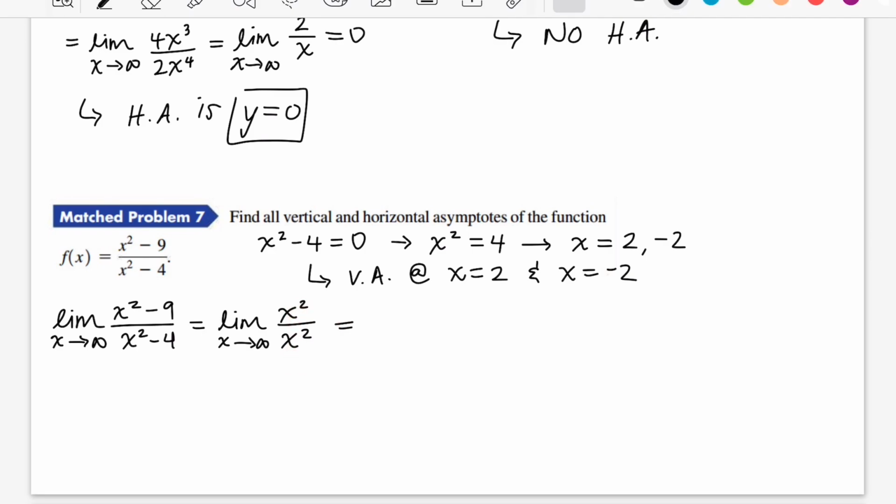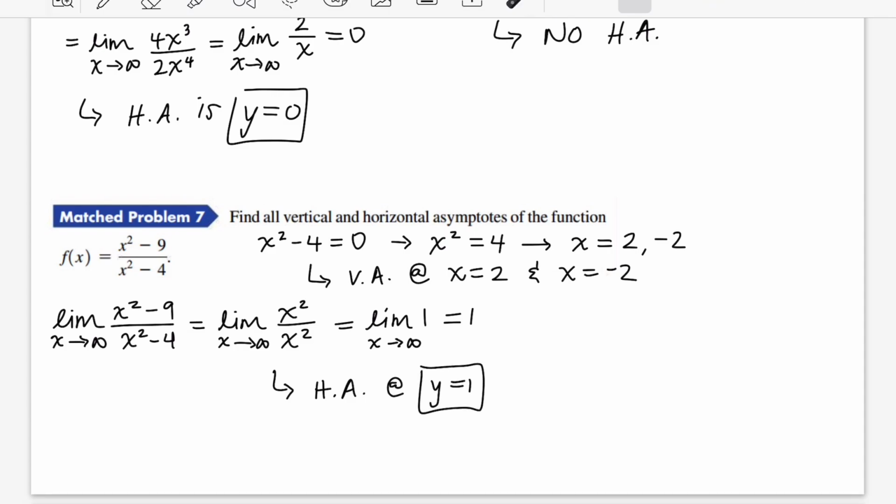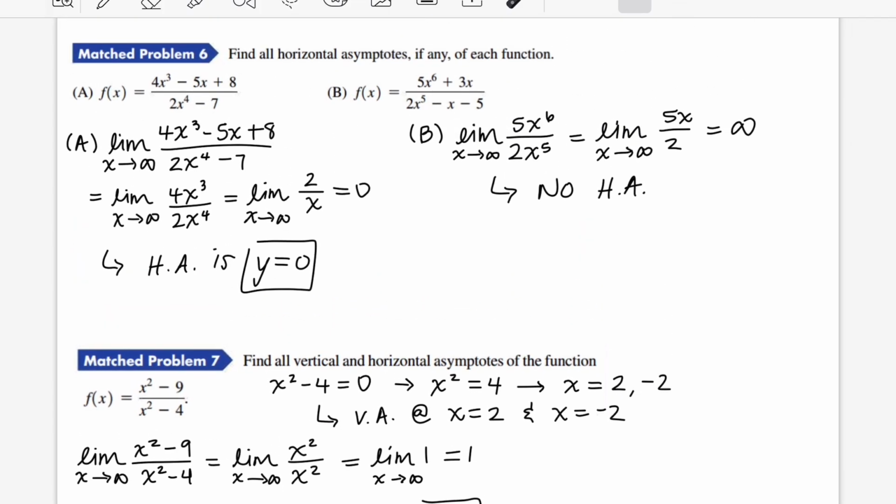So this tells us that we're looking at the limit of just 1 as x goes to infinity, and we know that this is just going to be equal to 1. All right, so this tells us there's a horizontal asymptote at y is equal to 1. And you can check what happens as x goes to negative infinity as well, but either way, we're always just going to end up with a simplified version of 1. So yeah, this is our horizontal asymptote. And that is all for this section.